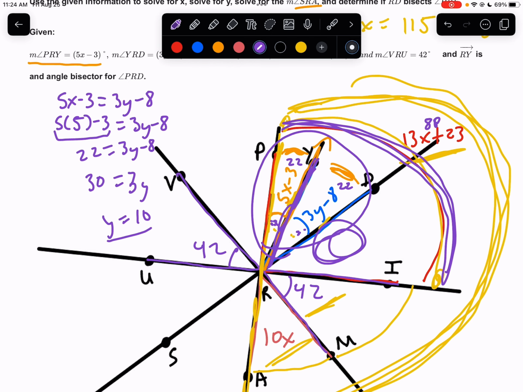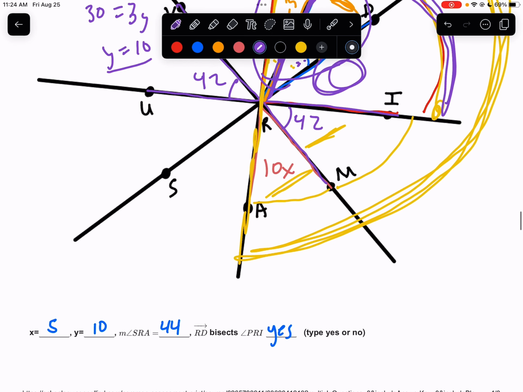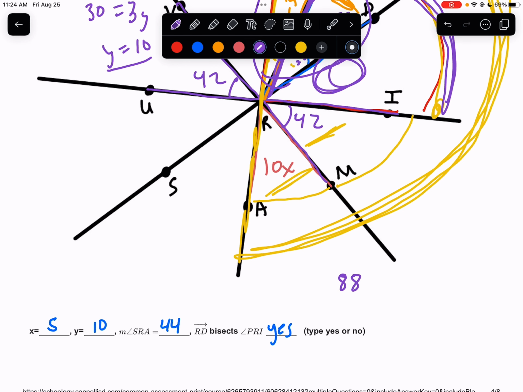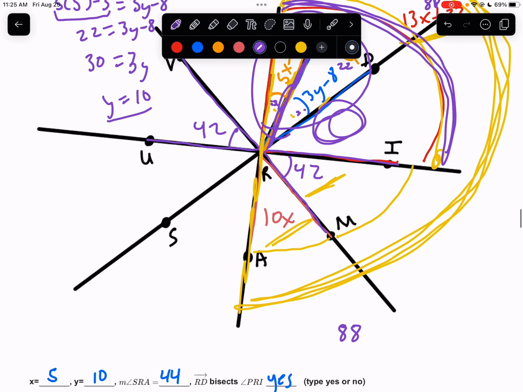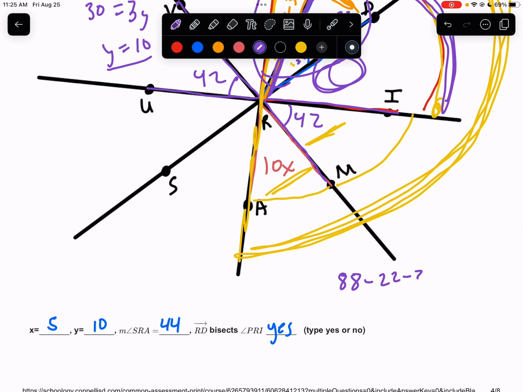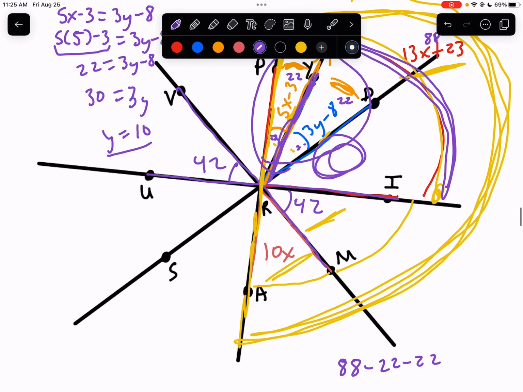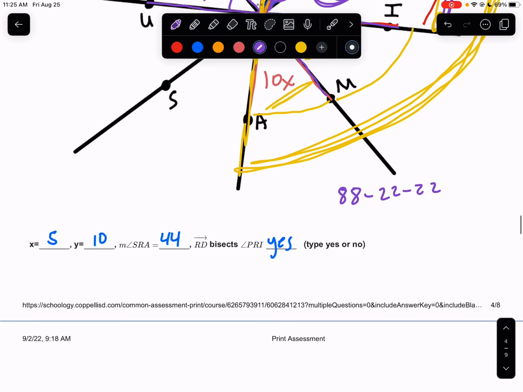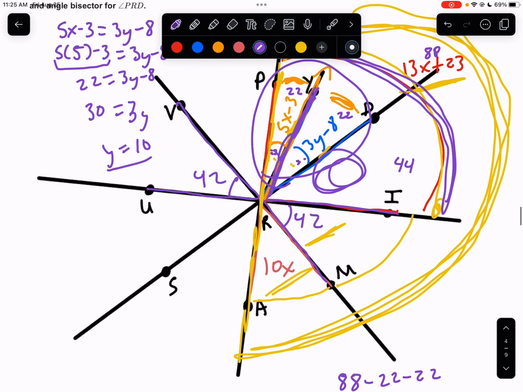I know my work is getting really messy now, but I would do 88 minus 22 minus 22. So those are actually equal parts. It's going to be 44. So I know that this section's 44.